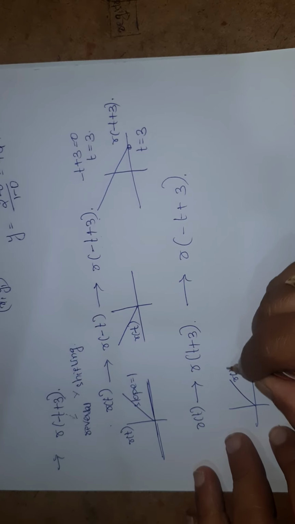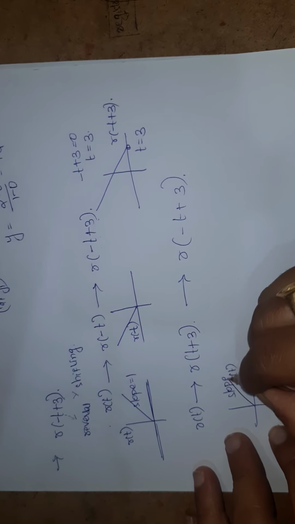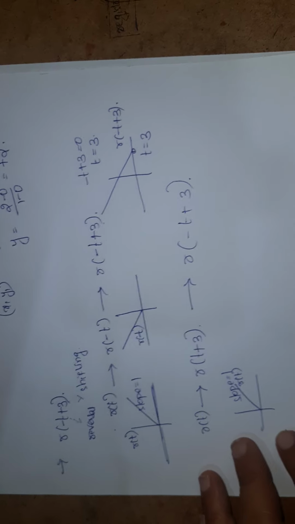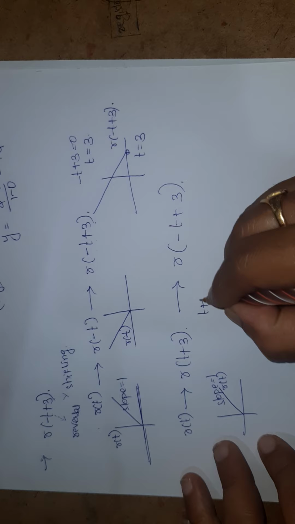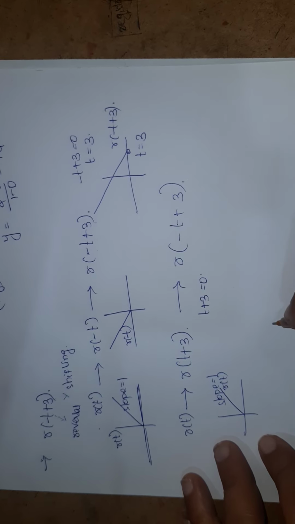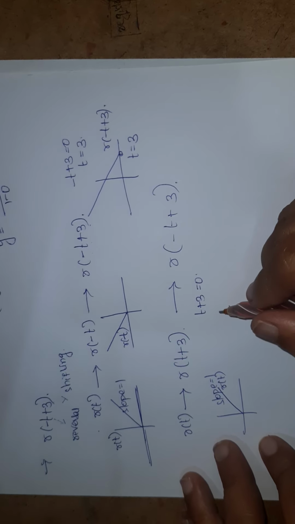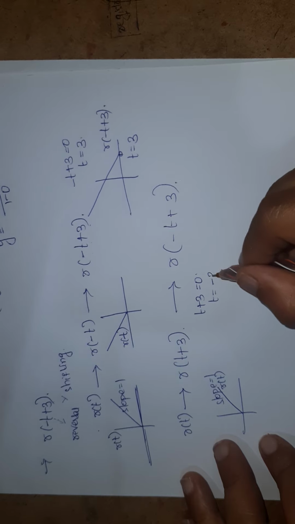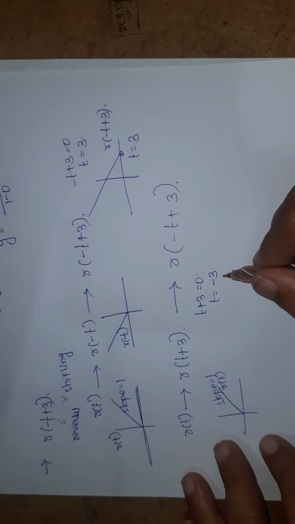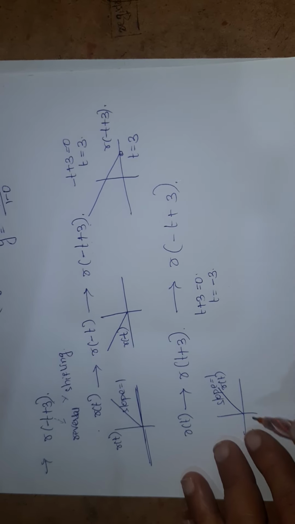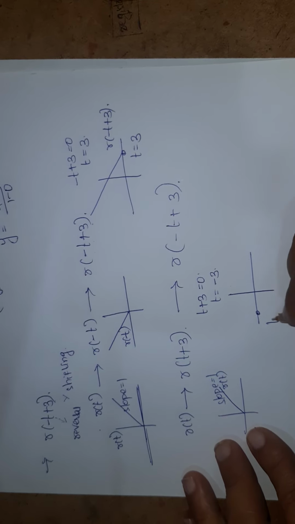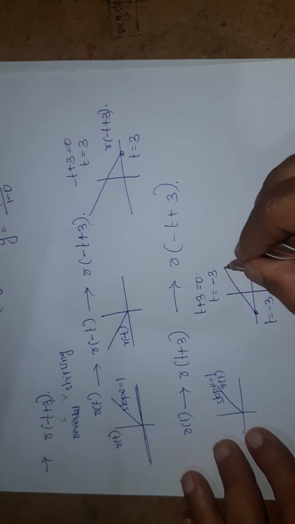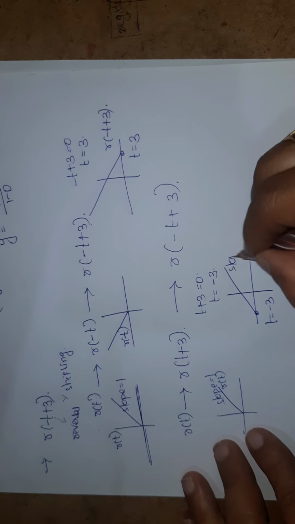R of t having slope 1, next r of t plus 3. R of t plus 3 means t plus 3 equal to 0, right? So t is equal to minus 3. So the t value I got is minus 3, but the signal is moving towards positive values only. So this is t equal to minus 3. Like this I will get, which is also having slope 1.